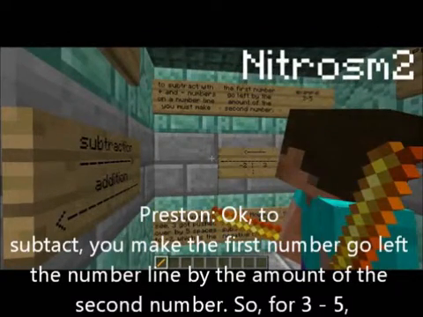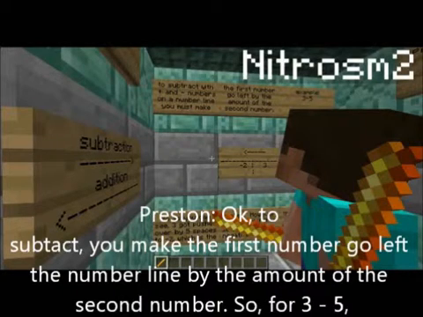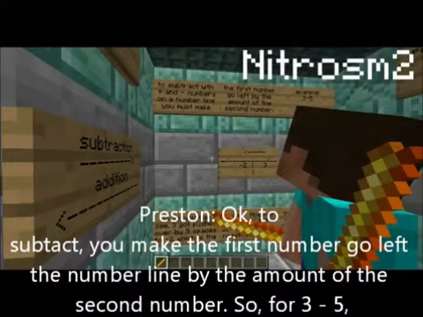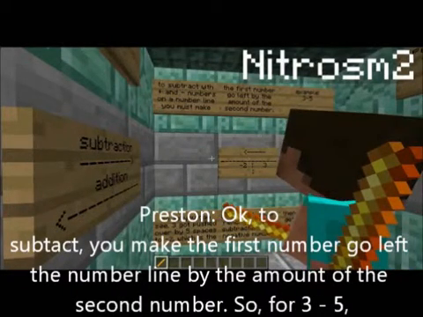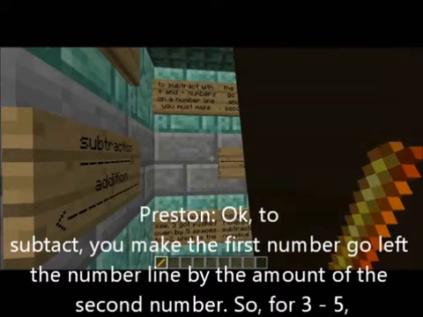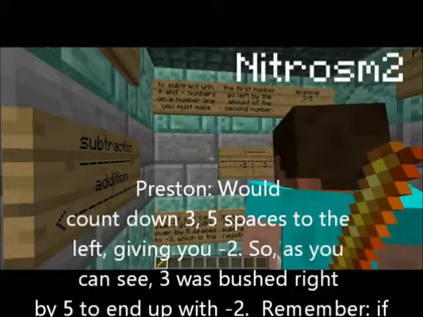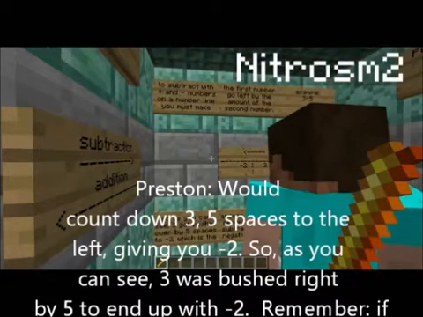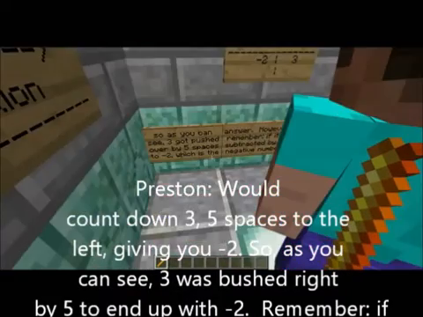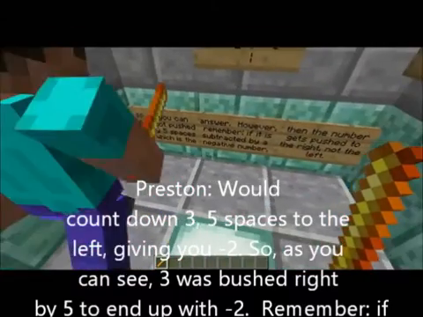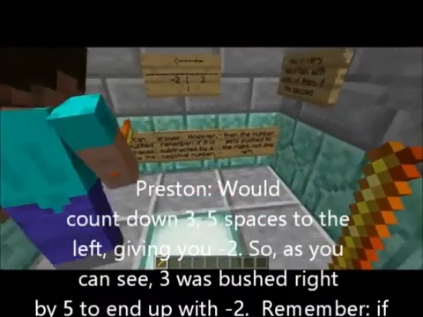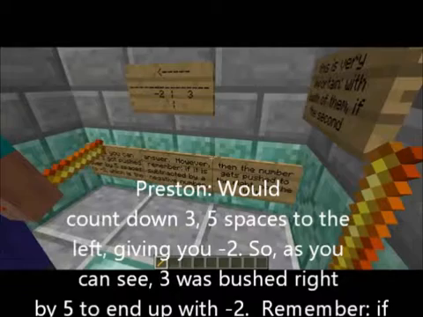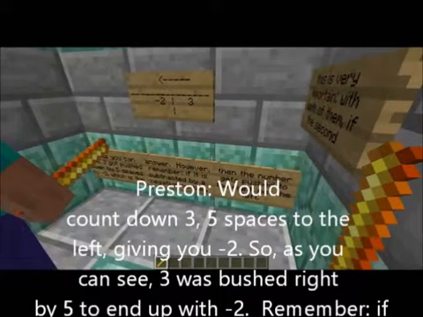To subtract, you must make the first number go left by the amount of the second number. So 3 minus 5, you would count down 5 to the left, and then you would end with negative 2. So, as you can see, 3 got pushed over by 5 spaces to negative 2, which is the answer.